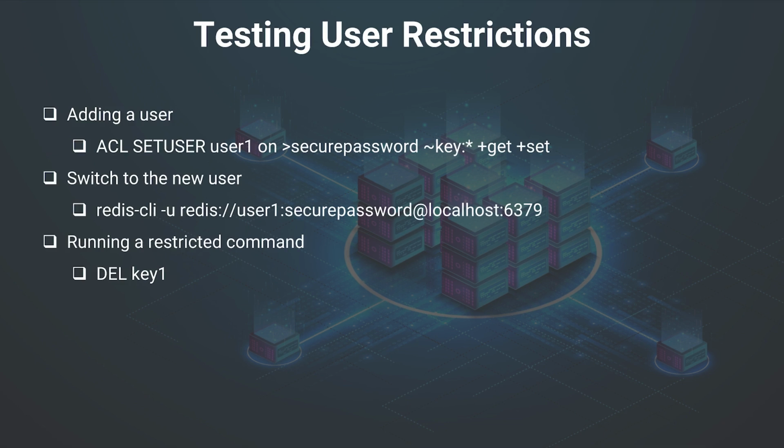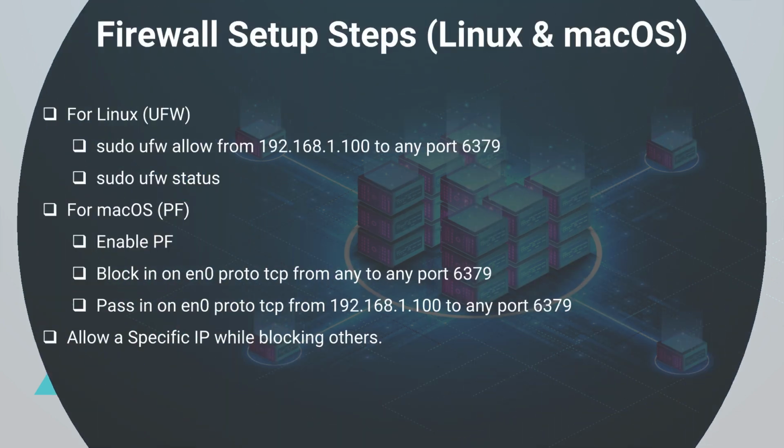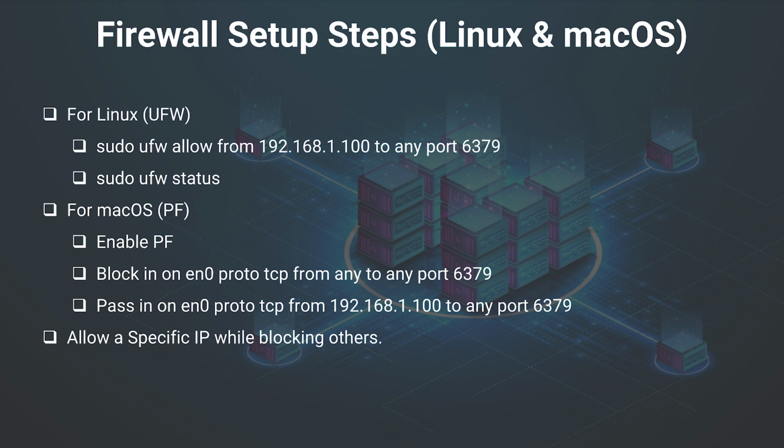Further, the course will also illustrate how to implement SSL and TLS encryption in the database, and also how to implement user authentication and how to deploy network level security in Redis, preventing unsafe node connections, IP restrictions, and more.